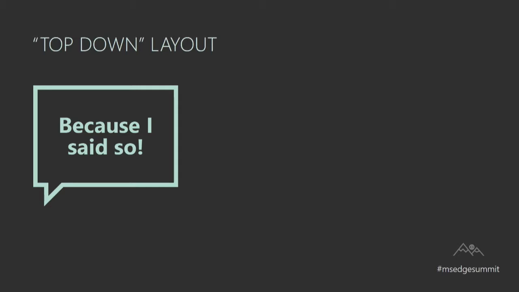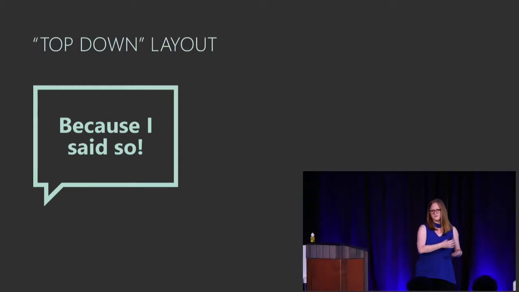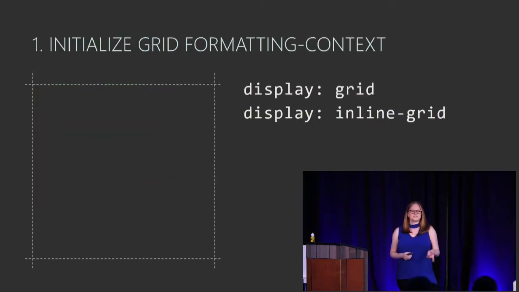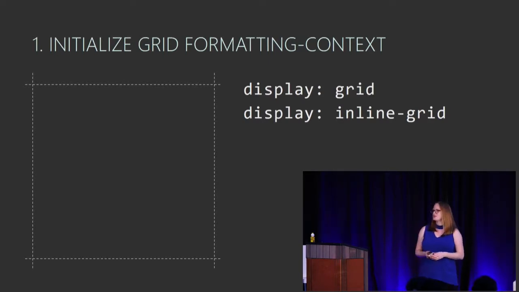Grid is what we like to call a top-down layout approach, or as I like to think about it, it's kind of like a parent laying down the rules and telling the children what to do, and those children kind of have to follow those rules. So let's step through what it takes to create a grid layout. First, we initialize a grid formatting context by placing display grid or inline grid onto a parent element.